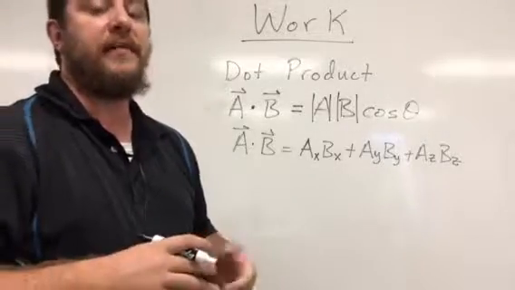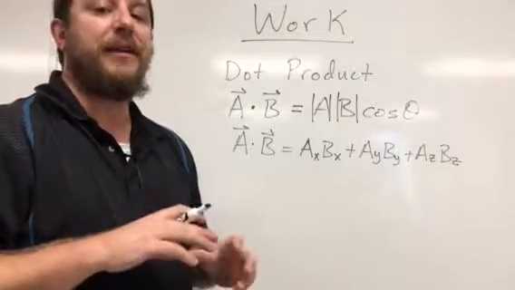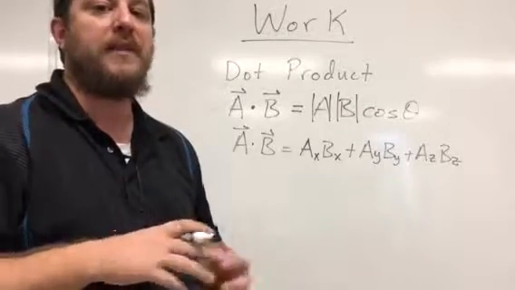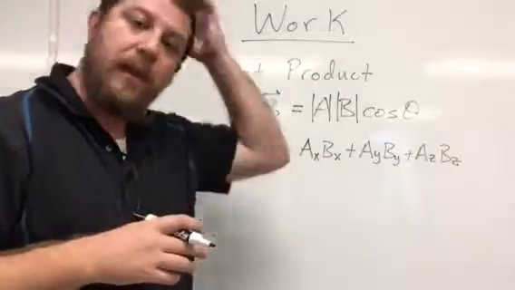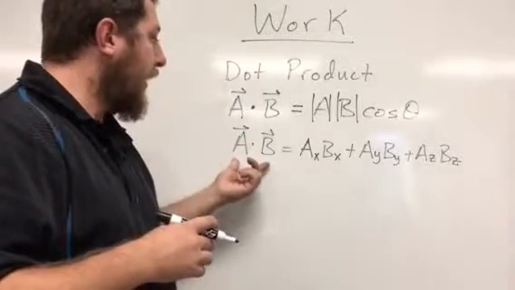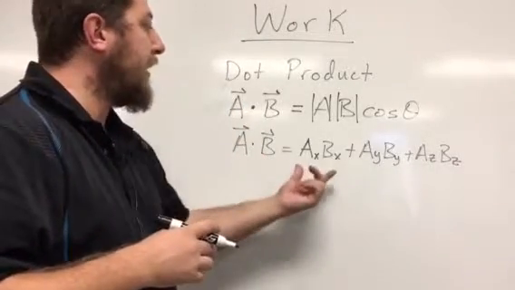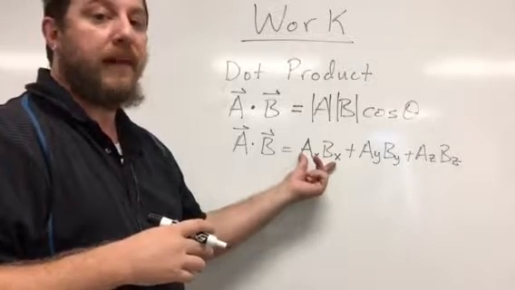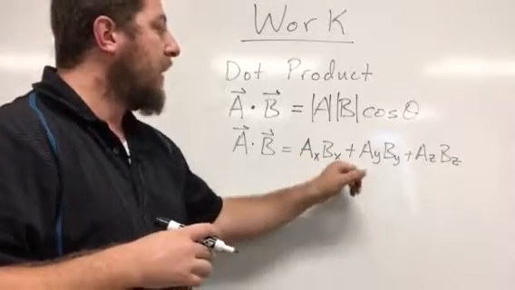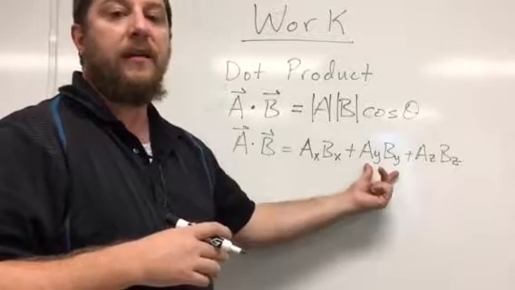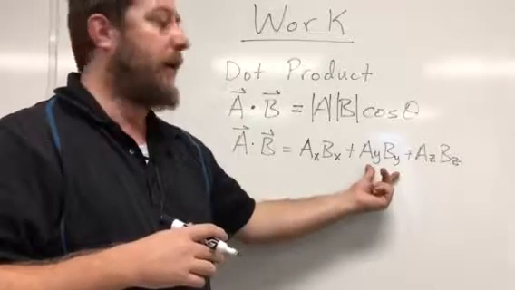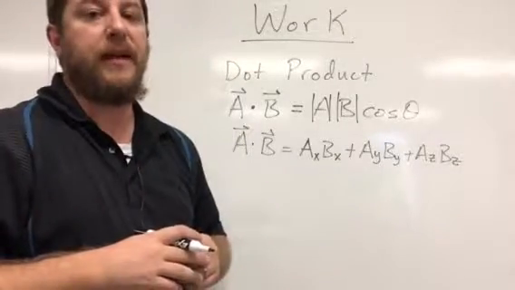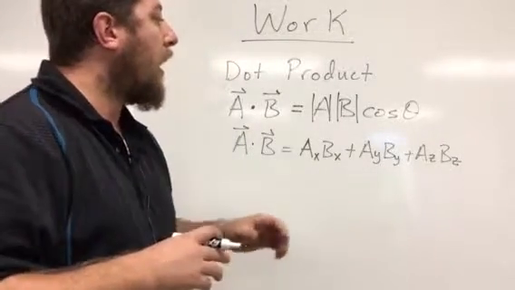Another way of achieving the dot product is to simply break both vectors up into their x, y, and z components, however many dimensions you're working in. And if I take A dot B, then it's essentially taking the x components and multiplying them together, ax times bx, and then I add to that the components in the y direction multiplied together, and then I add to that the components in the z direction multiplied together, all right?